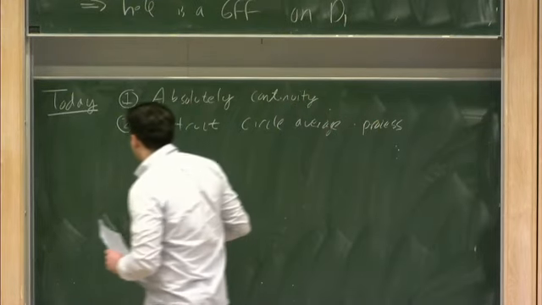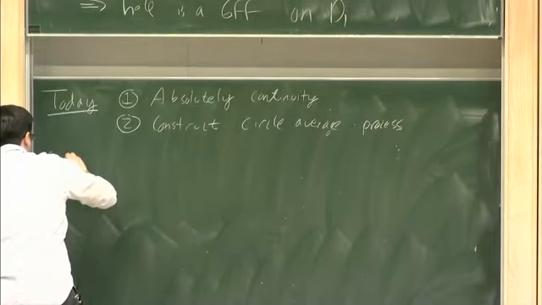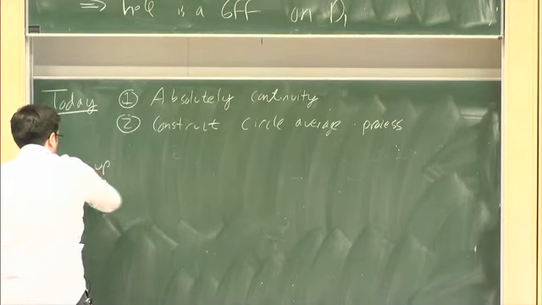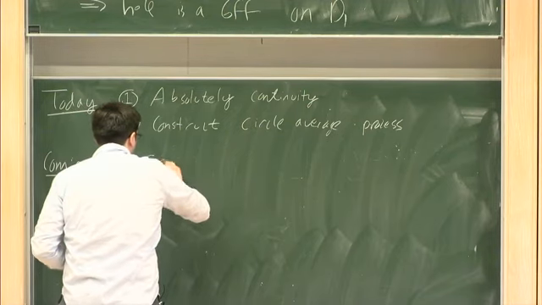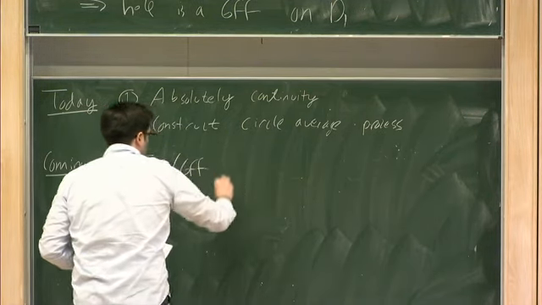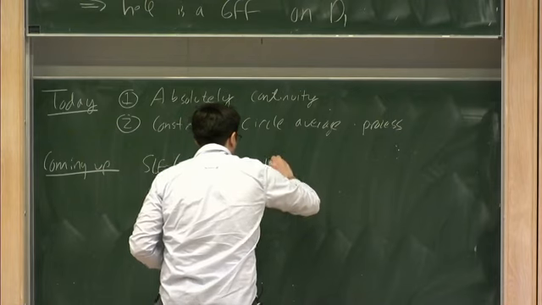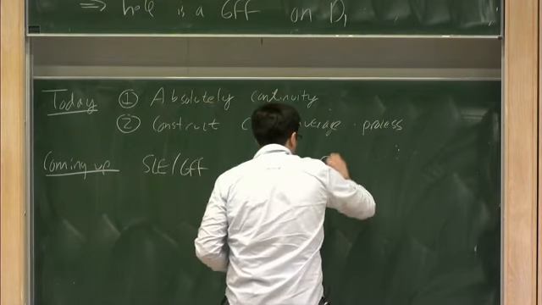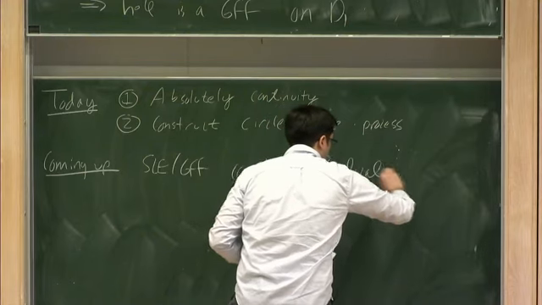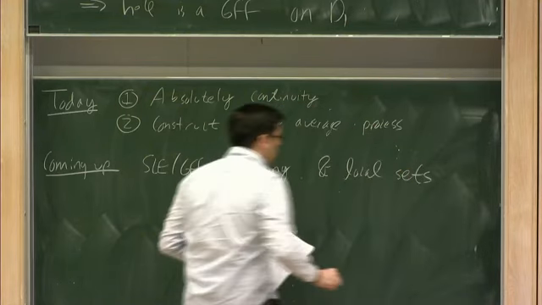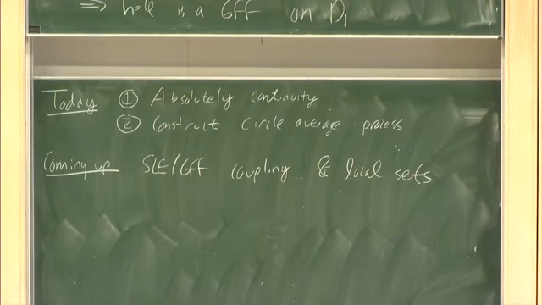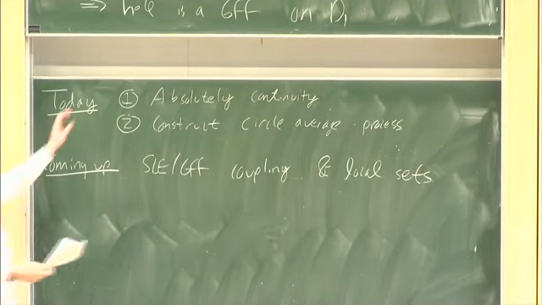And then what's coming up later, we're going to do the SLE Gaussian free field coupling and also look at what are called local sets for the Gaussian free field. Okay, so that's the plan.